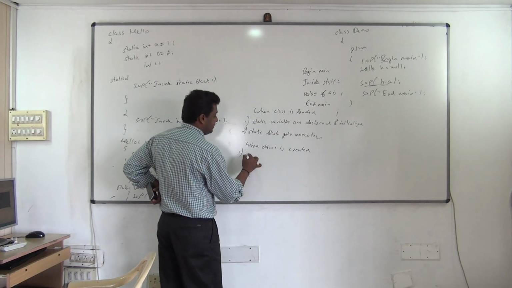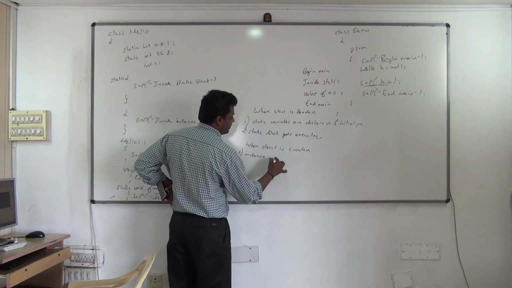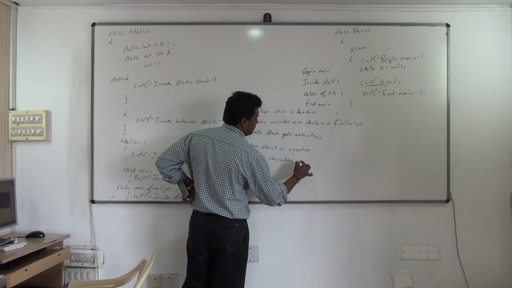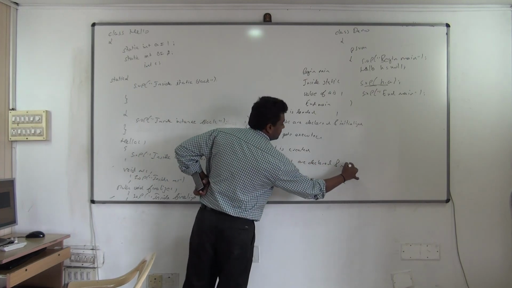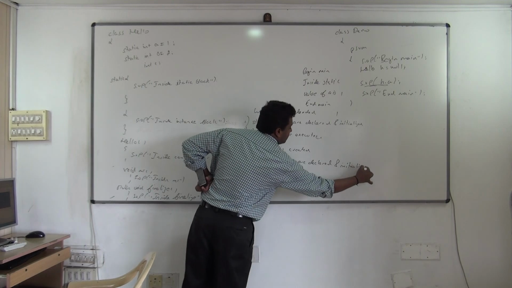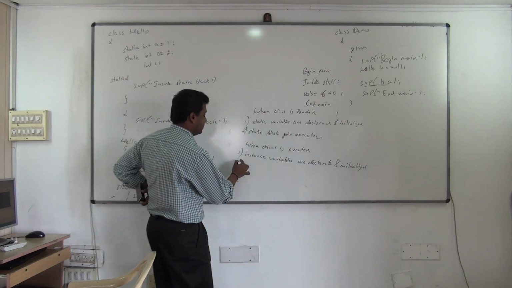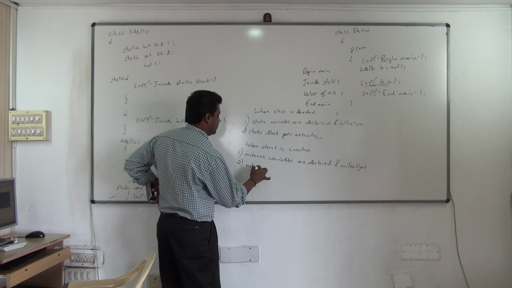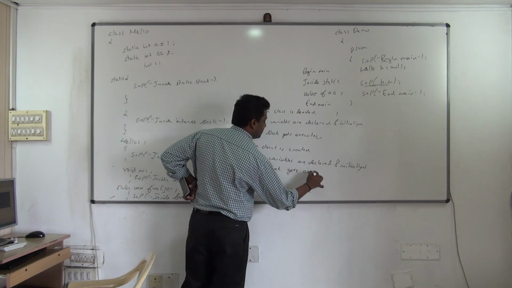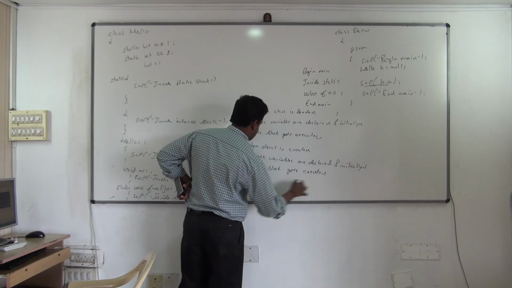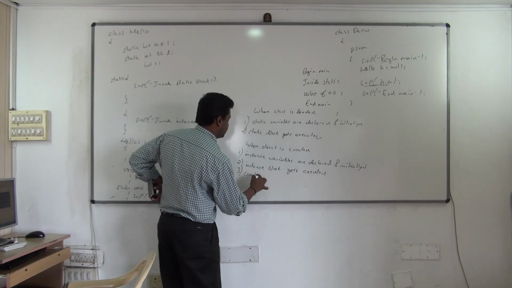First point, what will happen? Instance variables are declared and initialized. Then what happens? Can you guess? Instance block gets executed. Then can you guess what happens? Constructor gets executed.